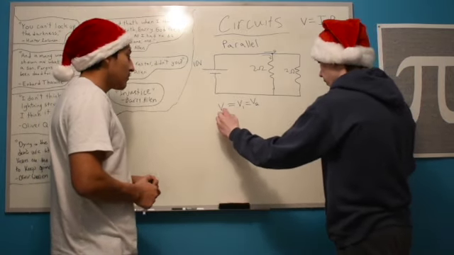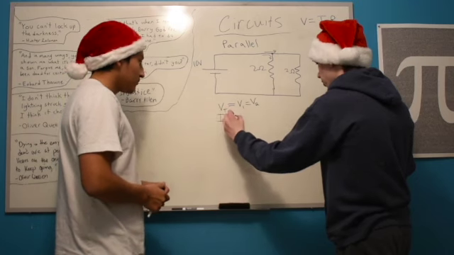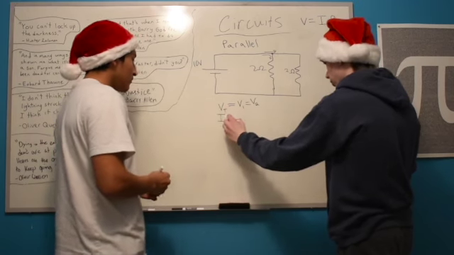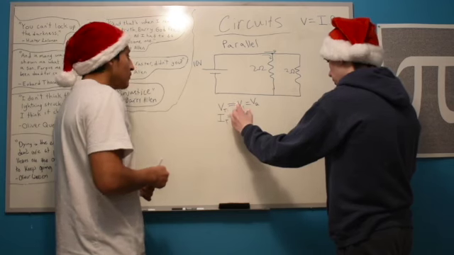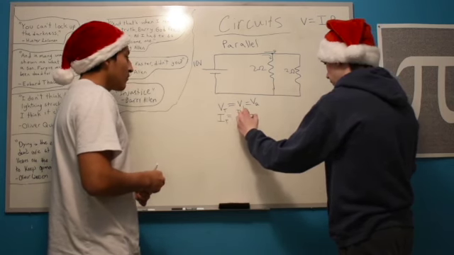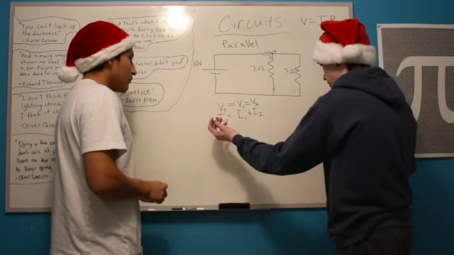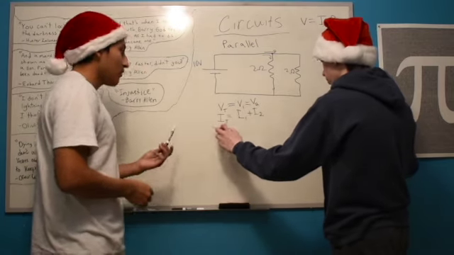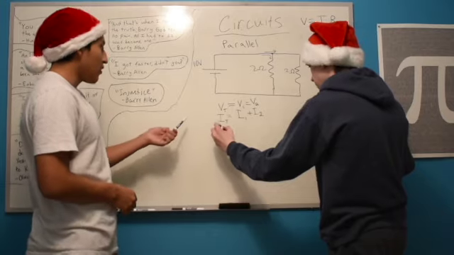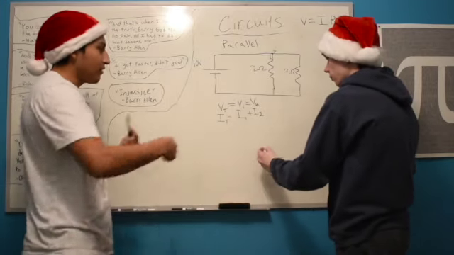And the total current is equal to the sum of the currents at each of the resistors, which is again opposite to series circuits. So those two, compared to a series circuit, basically just flip-flop.